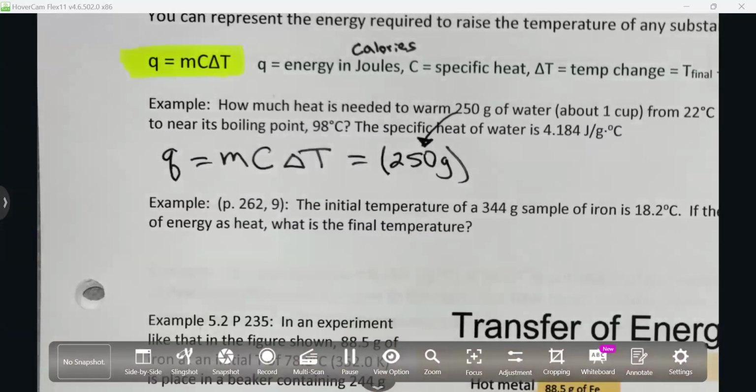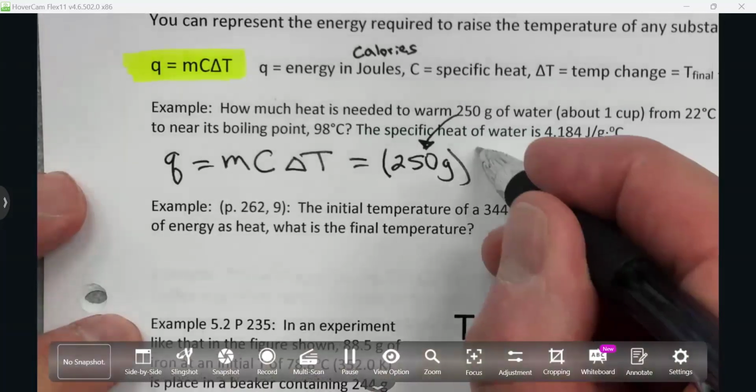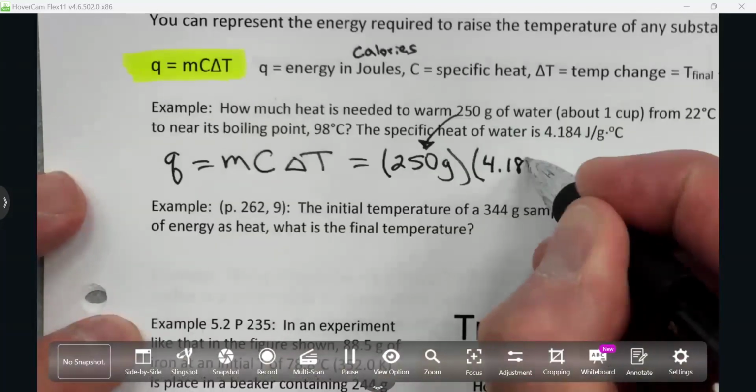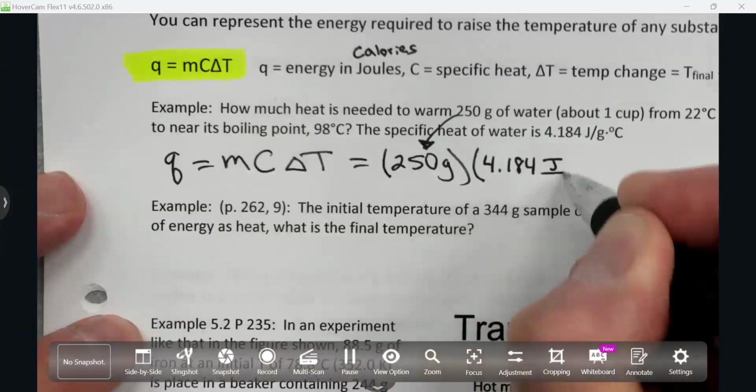We've got 250 grams of water. Specific heat of water, 4.184 joules per gram degrees Celsius.